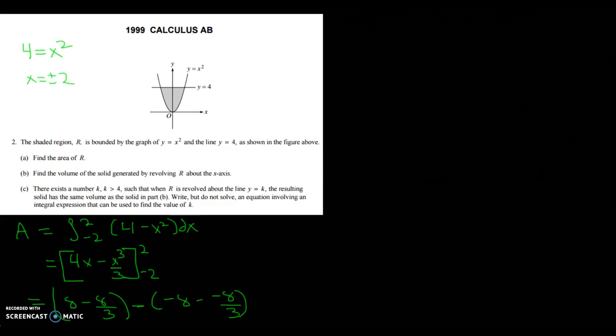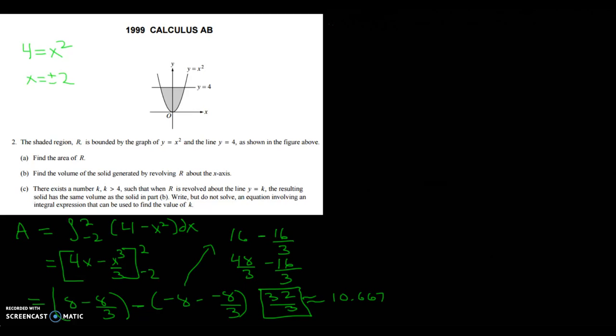So basically you're getting the same thing. Now we're going to get 16 minus 16 thirds, which is 48 thirds, minus 16 thirds. So your area is 32 over 3, which is also approximately 10.667 if you round. I like the 32 thirds better.